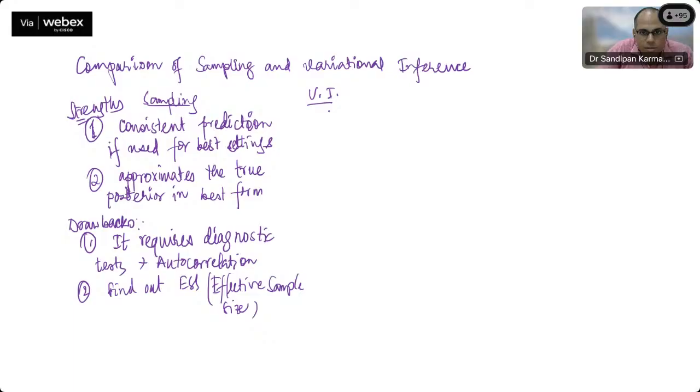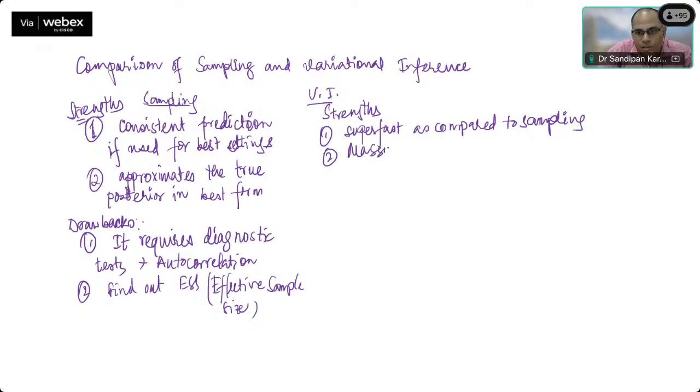Now, strengths of variational inference. It is super fast as compared to sampling. The second one is massive parallelization, which is possible in sampling too, but it will create some kind of cross correlation.